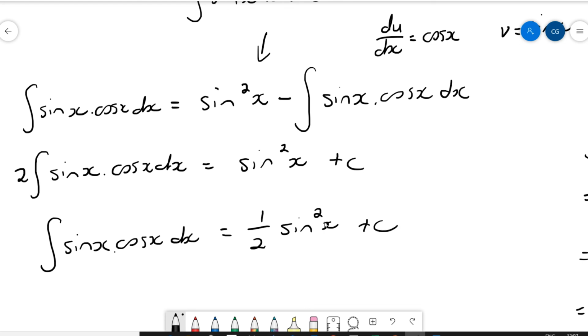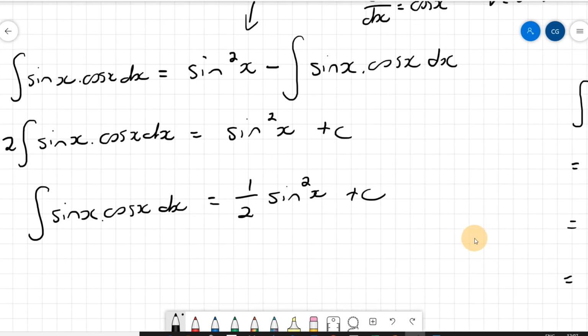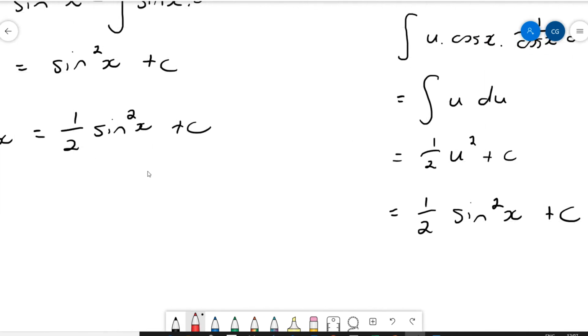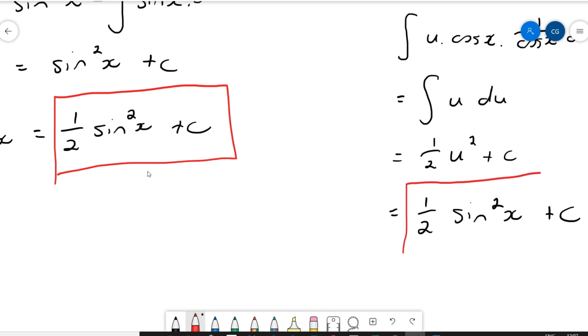Remember, c is an arbitrary constant, so c divided by 2 is still the same arbitrary constant. Now, let's compare our answers. With integration by parts, we have found a half sine squared of x plus c. When we used substitution, we also found a half sine of x squared plus c. So we do get exactly the same answer.